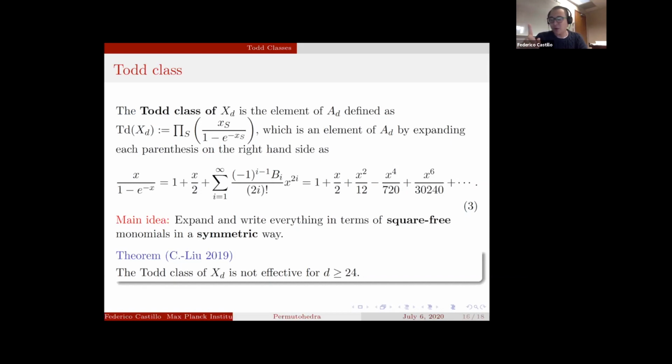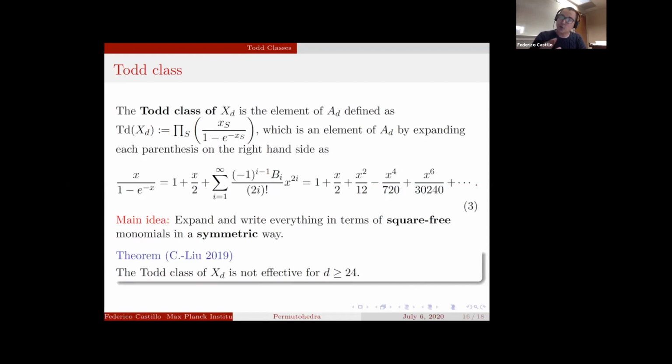One of the surprises, again, because we had a different motivation and ended up working on these more geometric aspects, is that the symmetric way is not always positive. So we have a formula, and it turns out that it's not positive, but there is a more negative statement: this class is not effective for d bigger than 24.